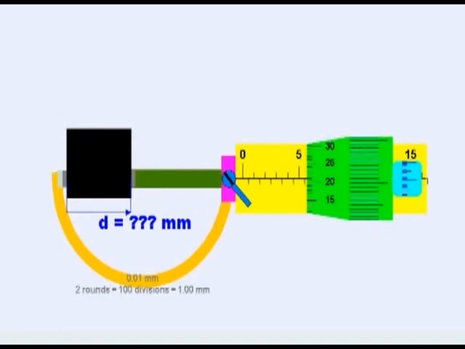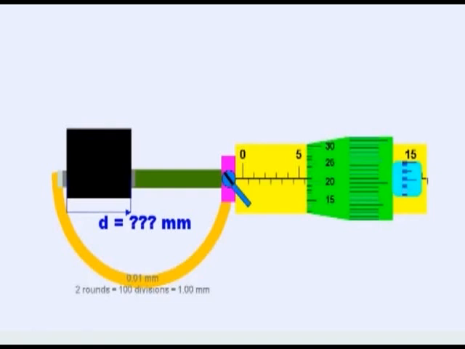You notice on the screw gauge the main scale on the sleeve is yellow and the circular scale is green. On the main scale on the sleeve we have divisions on the top and below. The top scale represents 1 millimeter each, whereas the bottom indicates halfway between 1 millimeter, that is 0.5 millimeters.